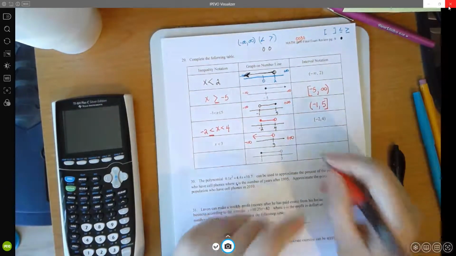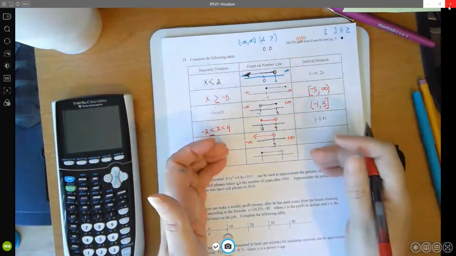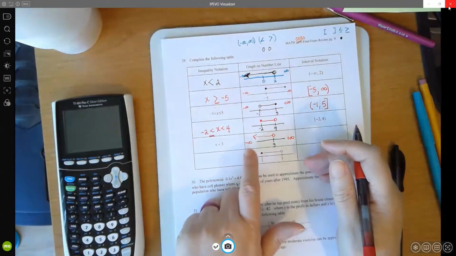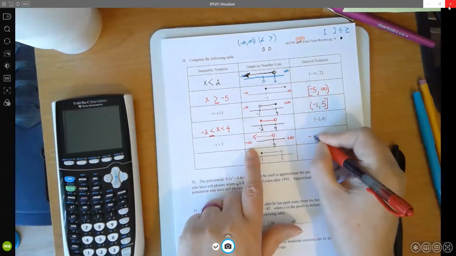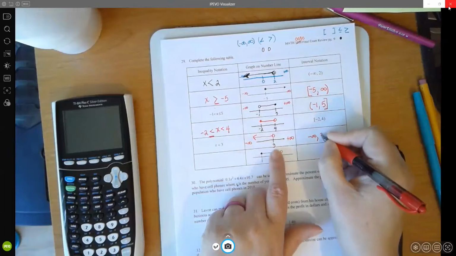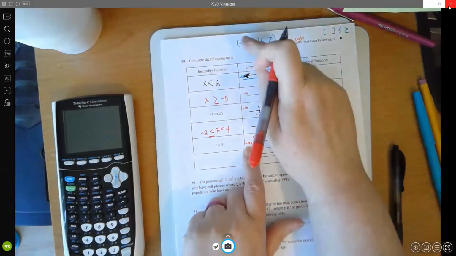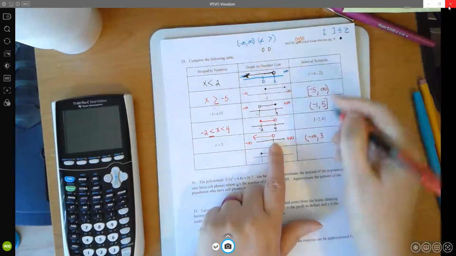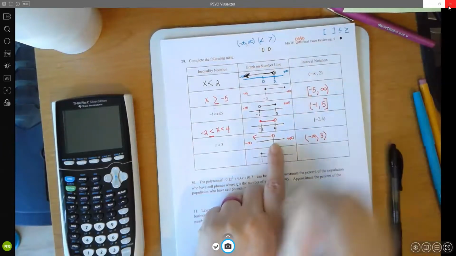We want to write the smallest number, then the larger number. The smallest number, since this keeps going and going, has to be the negative infinity. The largest number then is the 3. The negative infinity always gets the parentheses, and the 3 has an open circle, so it gets a parentheses.